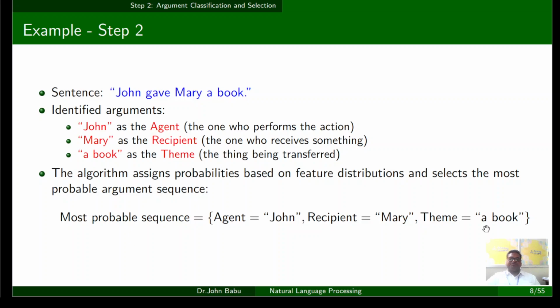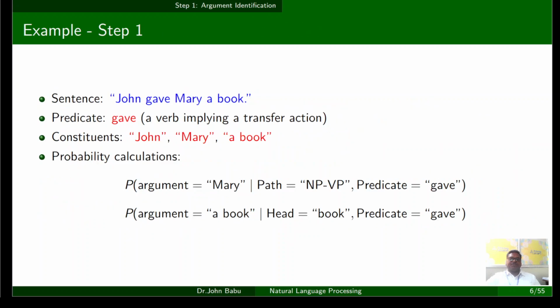So there are two steps in the machine learning process: argument identification and argument classification. Argument identification is done by calculating the probability given the path and head.